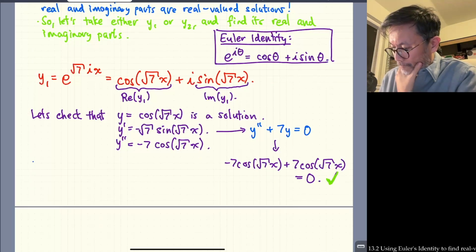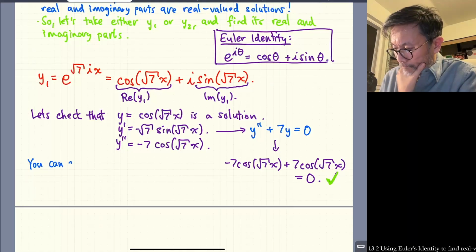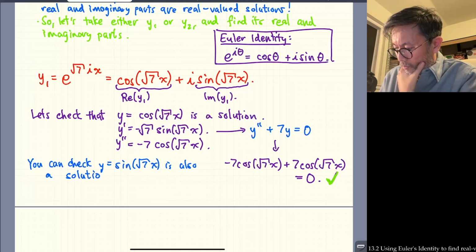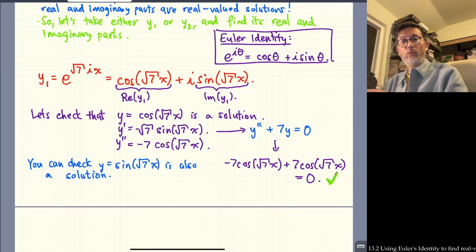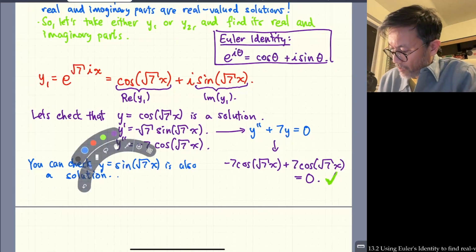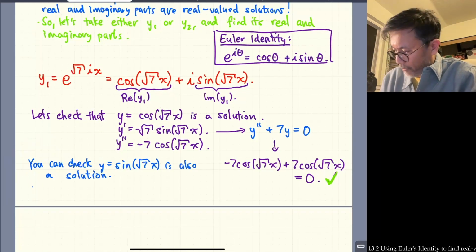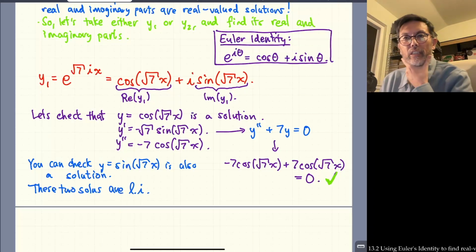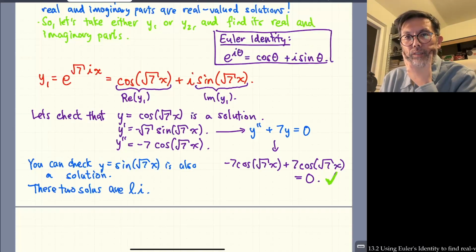You can check that y equals sine square root of 7x is also a solution, and that these two solutions are linearly independent. So what does this mean?